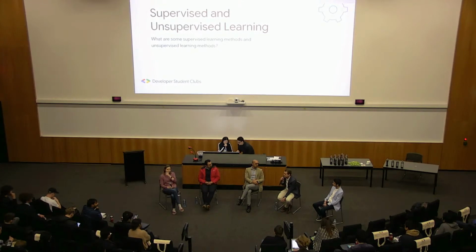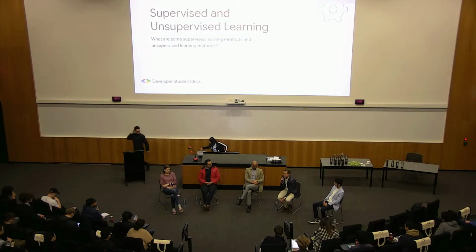We want to go from the input to the output, and we let the model work out how to do that. Whereas in unsupervised learning, we don't really know the output, so it becomes a task of finding a representation of the input from which we can extract information.